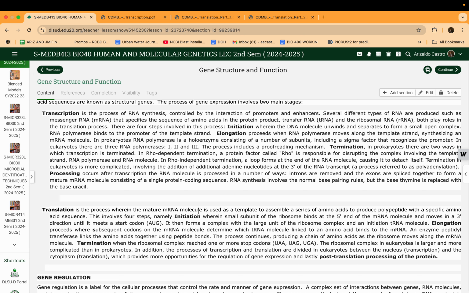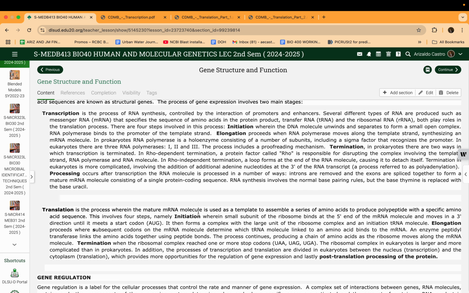So initiation, review that this is when the DNA molecule unwinds, forming a transcriptional bubble, an open complex, which allows the binding of a specific enzyme, the RNA polymerase. The RNA polymerase binds to the promoter region of that specific gene on the template strand, and when that event is successful, the next step begins, which is elongation.